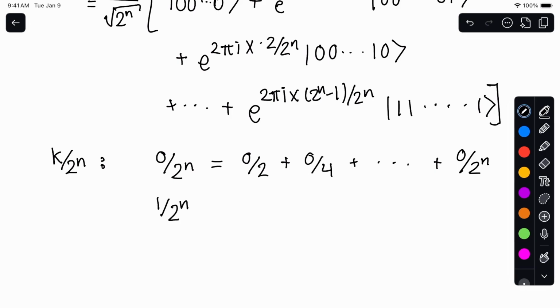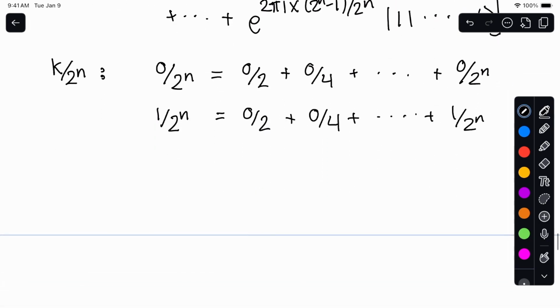What about 1 over 2 to the n? Well, this would be 0 over 2 plus 0 over 4 plus 1 over 2 to the n. And we can keep going in this manner. So 2 over 2 to the n, for this one, we would need 1 over 2 to the n minus 1.